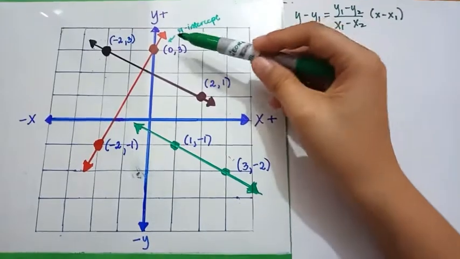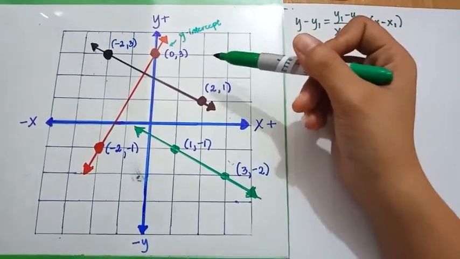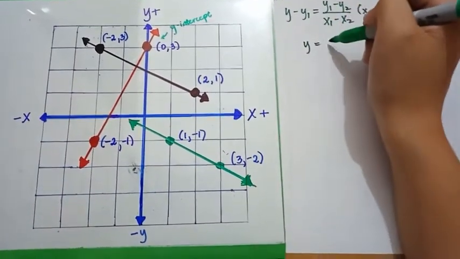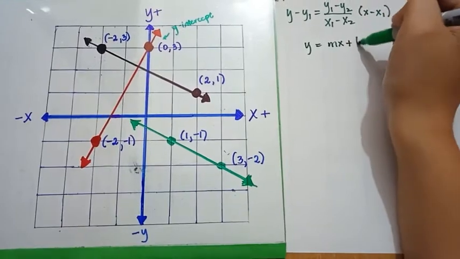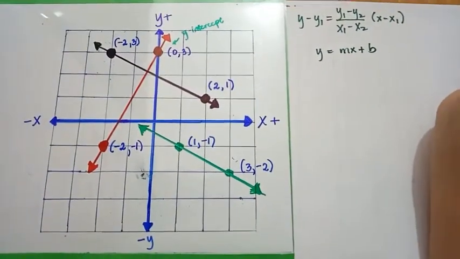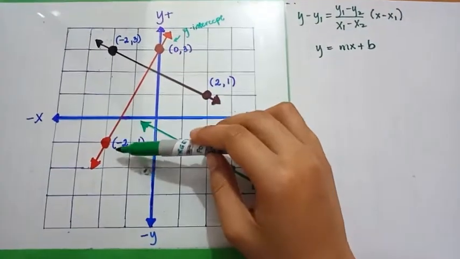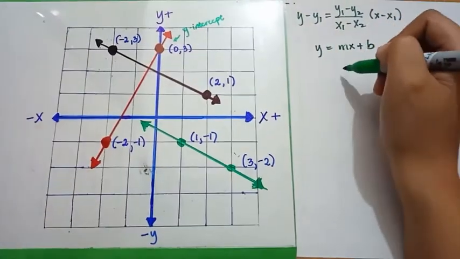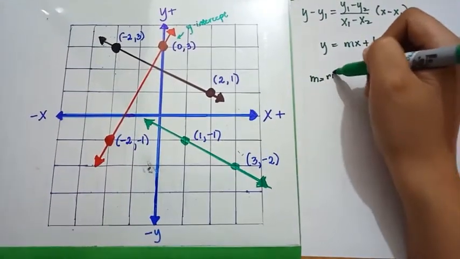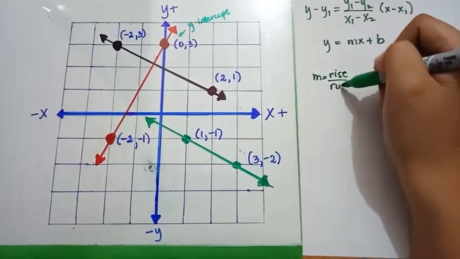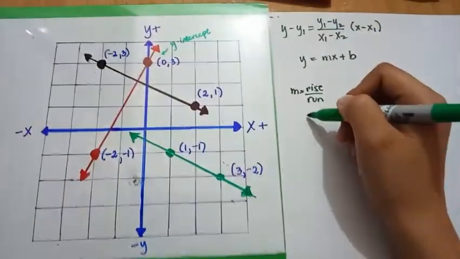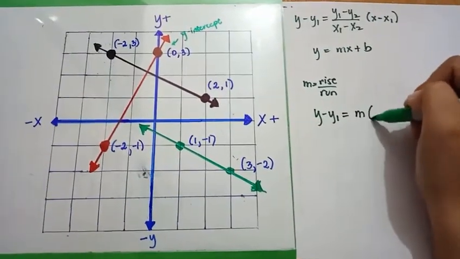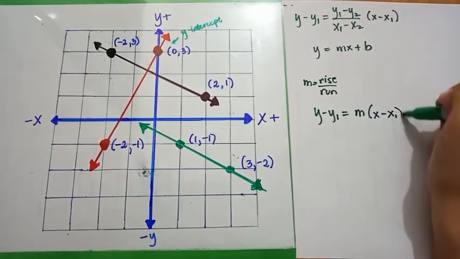So, kung meron kang y-intercept, pwedeng i-apply mo rin yung tinatawag na slope-intercept form or yung y equals mx plus b. Or, kung meron kang isang point at kaya mong i-identify ang slope, which is simply the rise over run, kung ikaw ay mayroong graph, pwede mo rin i-apply yung y minus y sub 1 equals the slope m times x minus x sub 1.